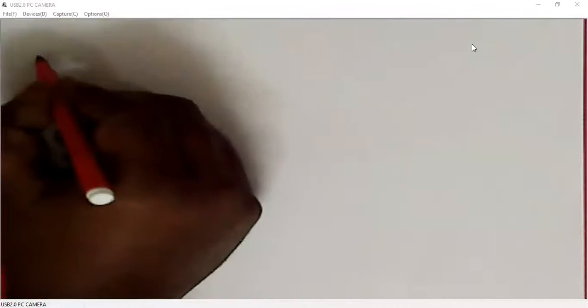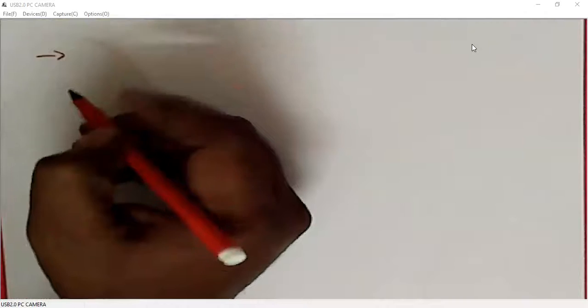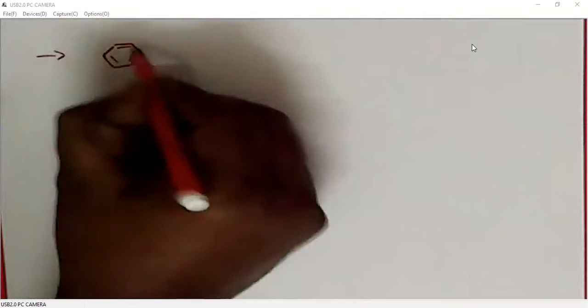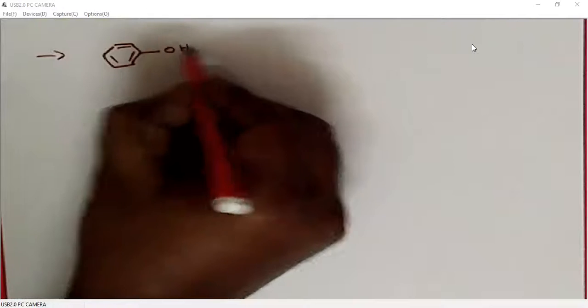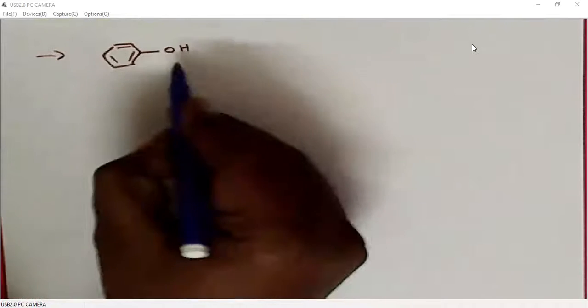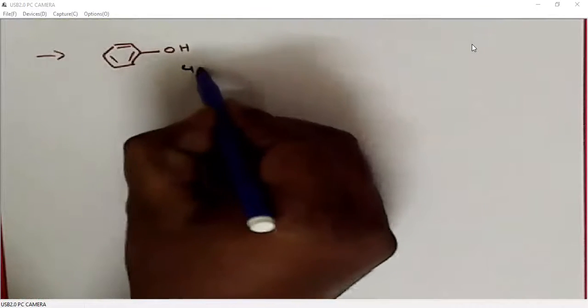Now we will look at the influence of hydrogen bonding on the delta value of a proton. We know the phenolic protons appear around 4 to 7 ppm.